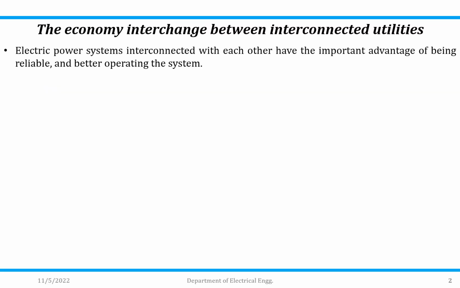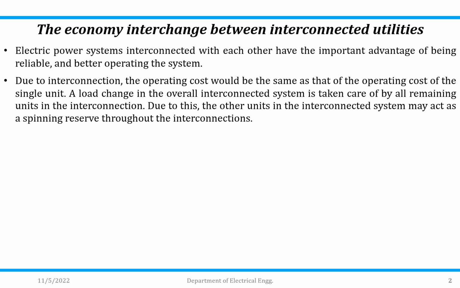Now the electric power system is interconnected with each other and it gains some important advantages of being reliable and better operating of the system. Already in a previous video session, we discussed in detail the advantages of interconnection or interchange of the power. Now what happens because of this interconnection?